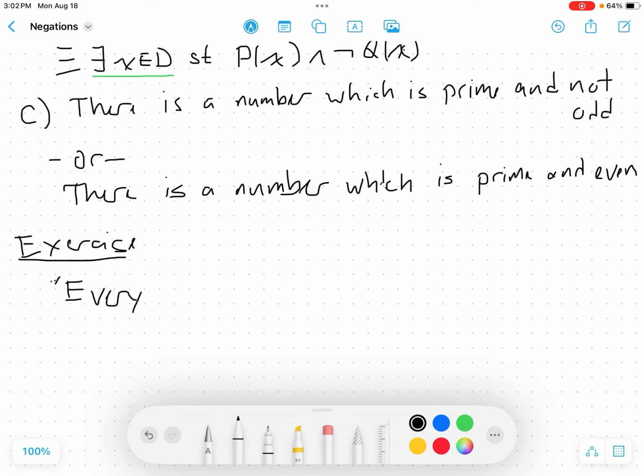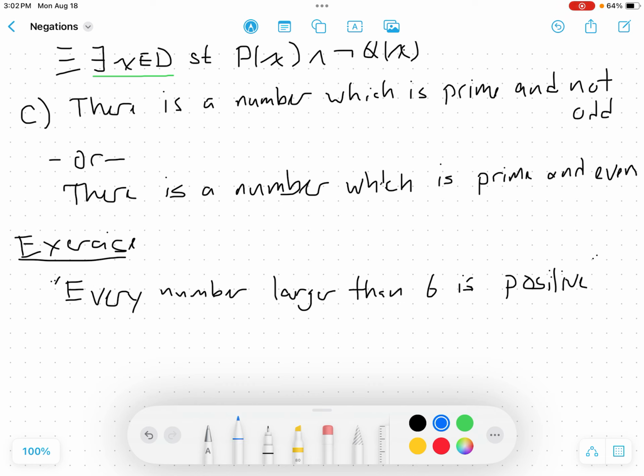every number larger than six is positive.